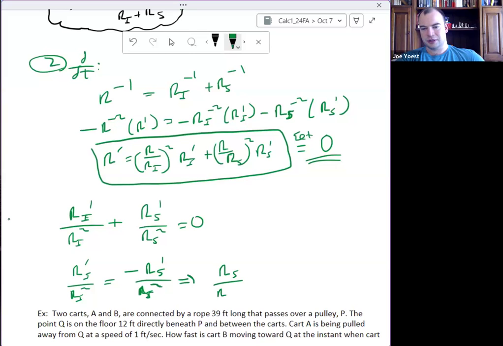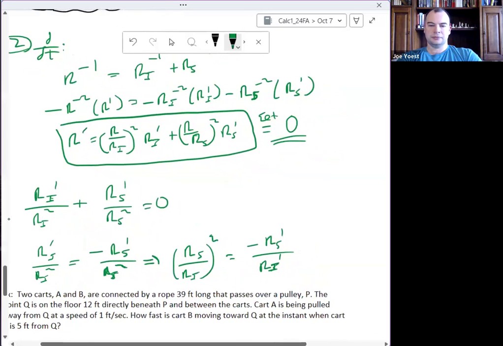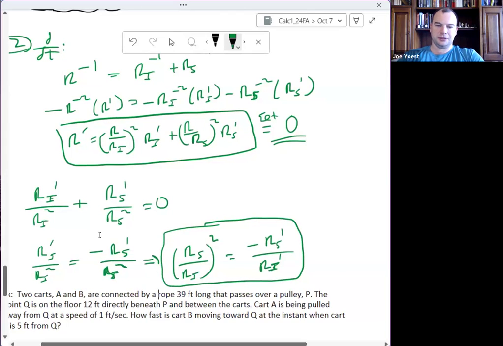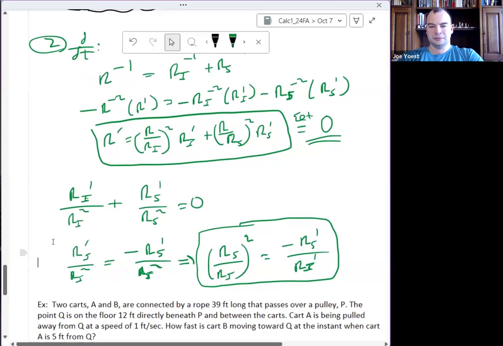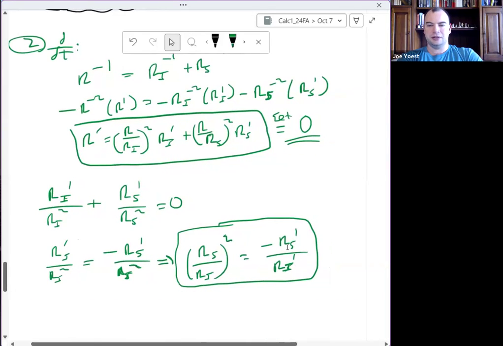So I have Rs over Ri, squared, that looks good, equals negative Rs prime over Ri prime. So I have this relationship here between Ri, Rs, and their derivatives.